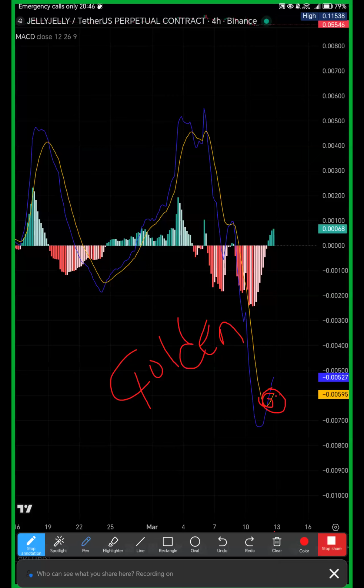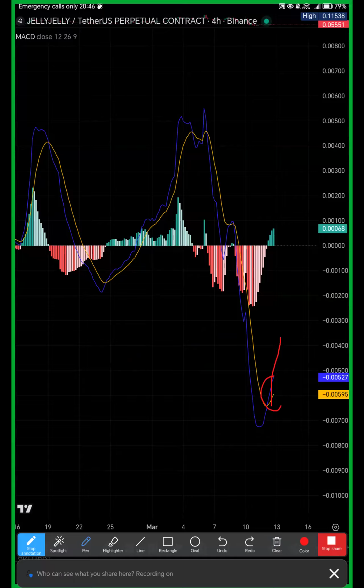It means that it is an opportunity to buy. It means that price is changing direction, going to the upper side.